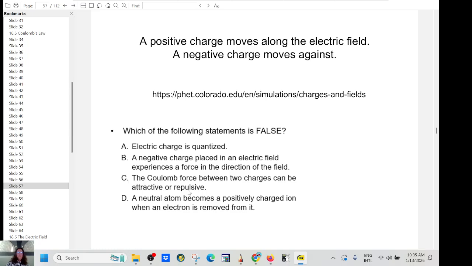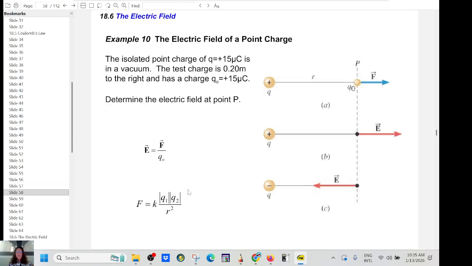Okay, so which one is false? B, right? B. Negative mind goes against. Let's do just one to apply. Don't worry about what it says. Just find the electric field of a charge equal to 15 microcoulomb. They make things more complicated than it really is.